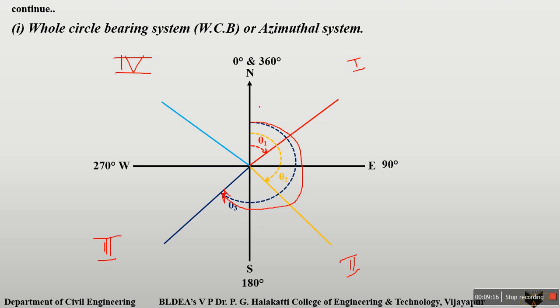Again, the bearing is measured from the north direction in the clockwise direction towards the line, like this. This bearing is assumed as theta 4. So in this case, all the bearings are measured with the reference of the north in a clockwise direction towards the line. Clear?